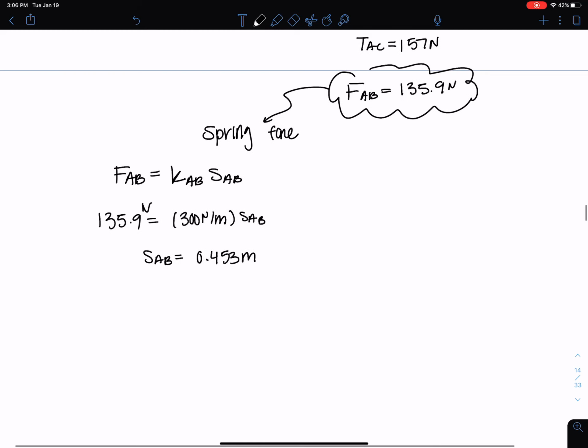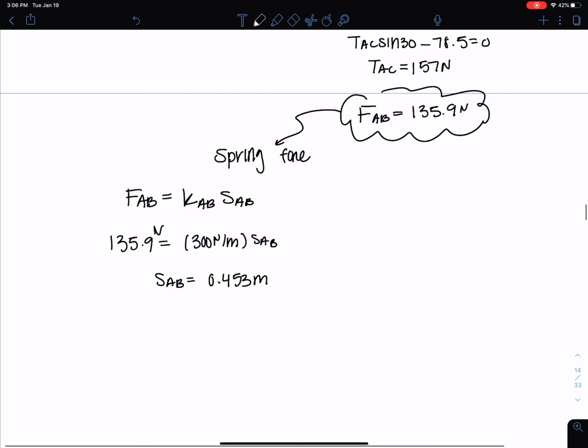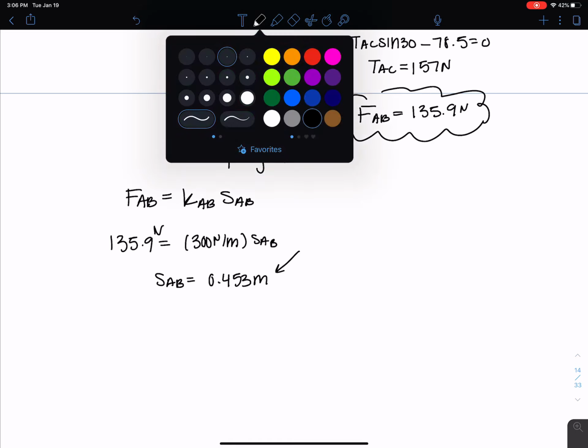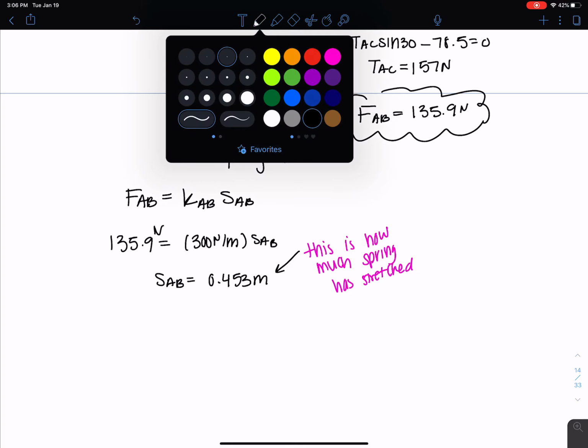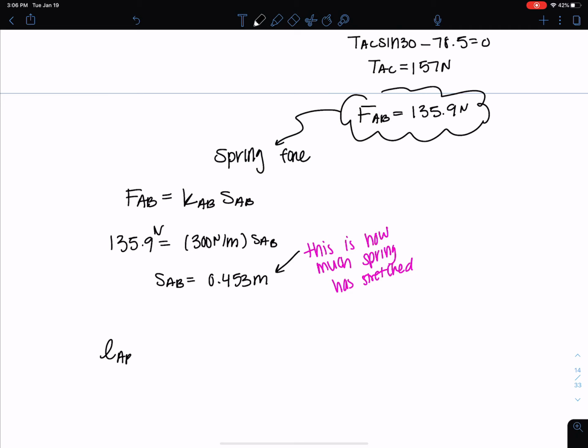So if I want the new length, write this down here. To get the new length of AB, I need to take this plus that little change, right?